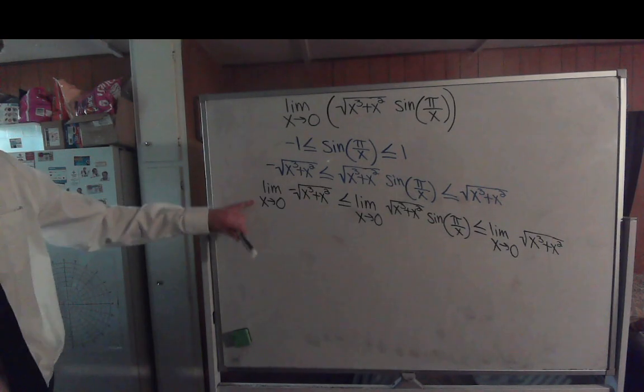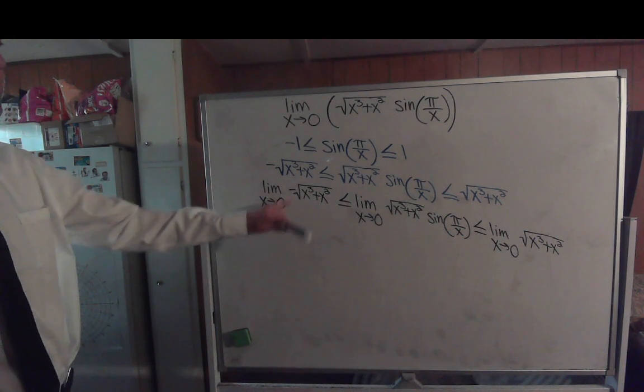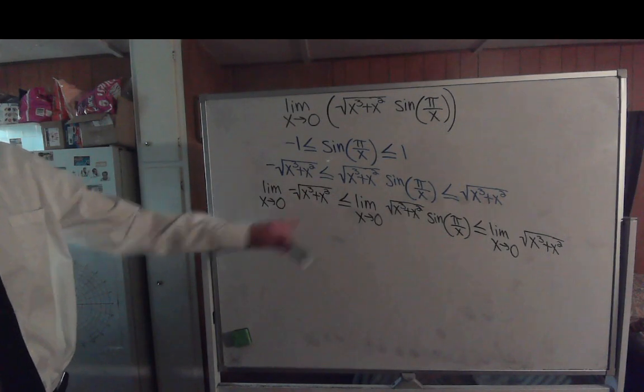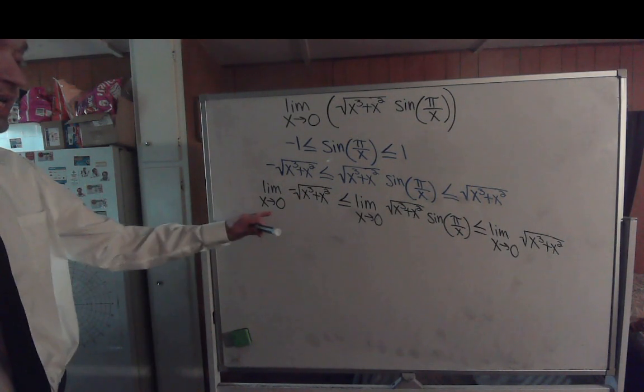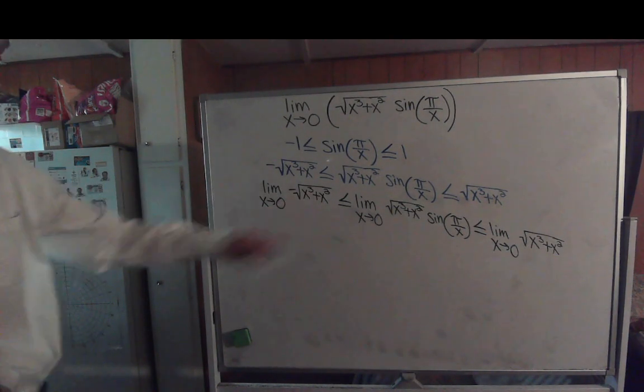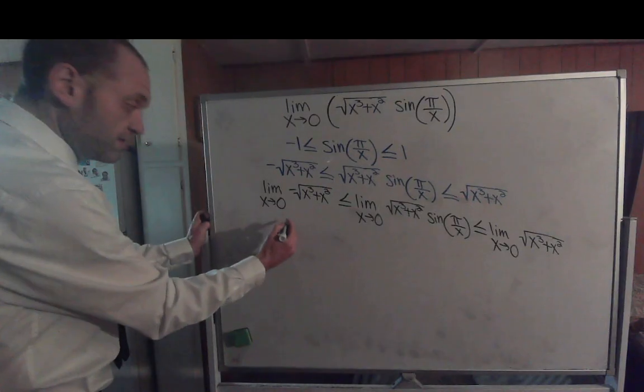So let's deal with the limit as x approaches 0 of this negative of the square root of x cubed plus x squared. We can plainly see we can use direct substitution, which would just end up giving you 0.